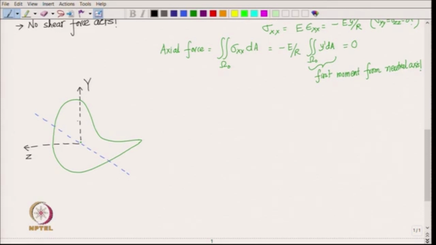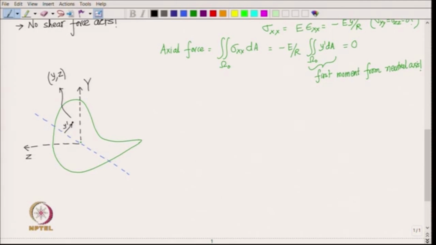Think of any point in the cross section which is at a distance y prime from the neutral axis, but this point has got its coordinate y comma z with respect to the y z axis of the cross section. Now, first we would like to write down y prime in terms of y and z.